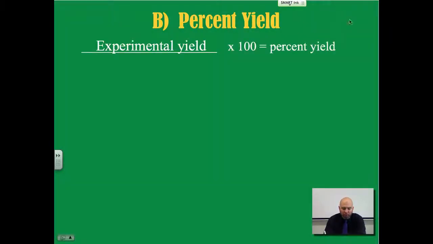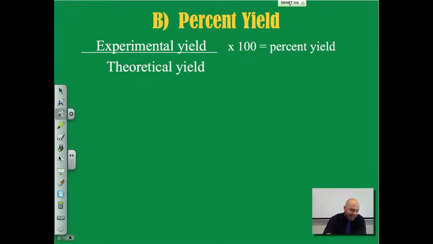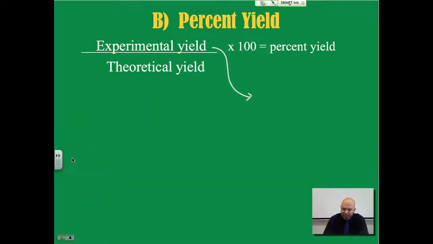So the formula is simply the experimental yield divided by the theoretical yield, and you multiply it by 100 to get your percent yield. The experimental yield is what you get when you do the lab.